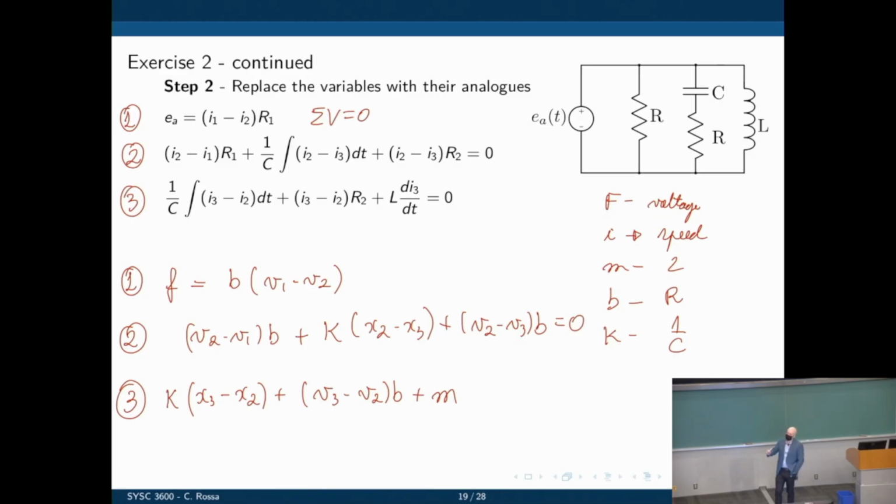The derivative of current is acceleration. So M times acceleration 3. And that is 0. Good.